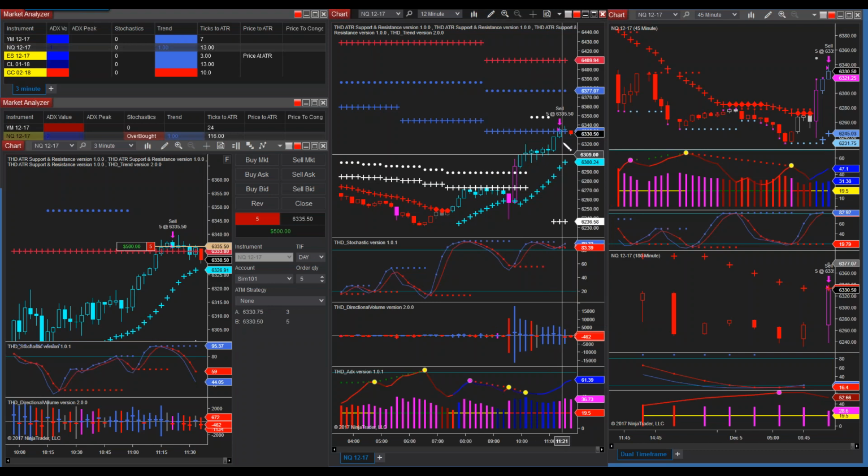Basically, if you take out the low of that bar, which is just about that line, if it goes below it, it will give you a magenta peak on the ADX. You are overextended on 3 different time frames to the long side.